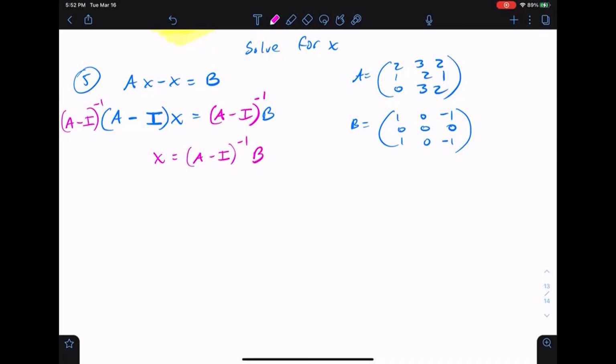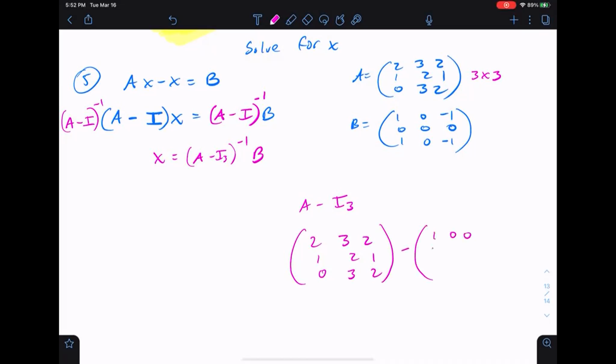So I need to subtract the identity of a 3 by 3 from A, because this is a 3 by 3 and the dimensions match. So this is I3, if you want to be more precise. So we have A minus I3: 2, 3, 2, 1, 2, 1, 0, 3, 2, minus 1, 0, 0, 0, 1, 0, 0, 0, 1.